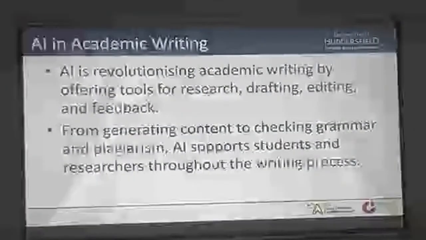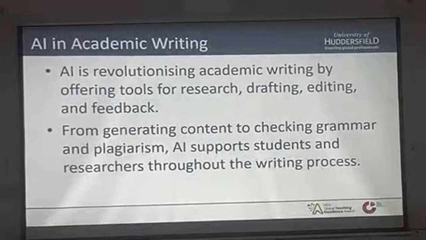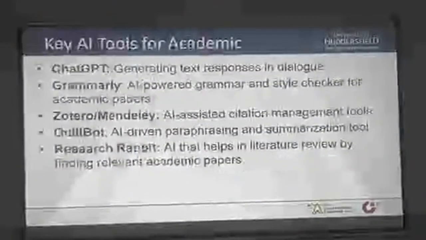Okay, so AI in academic writing. AI really revolutionizes academic writing, offering tools for research, drafting, editing, and feedback. It also helps you check grammar and plagiarism, and it helps with so many things.